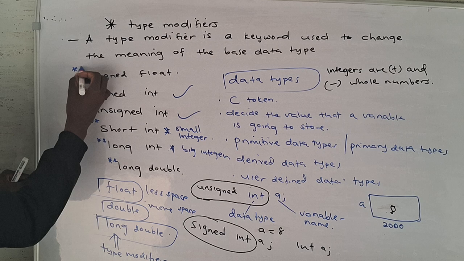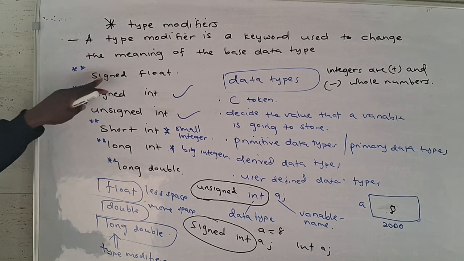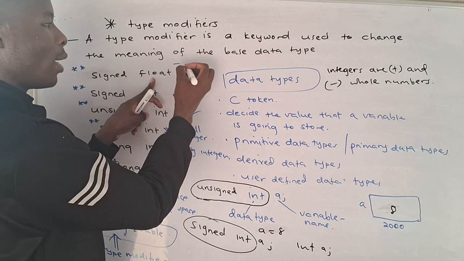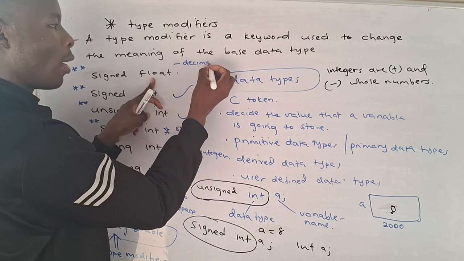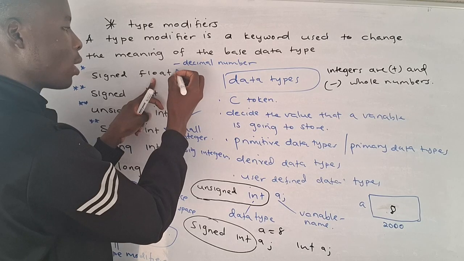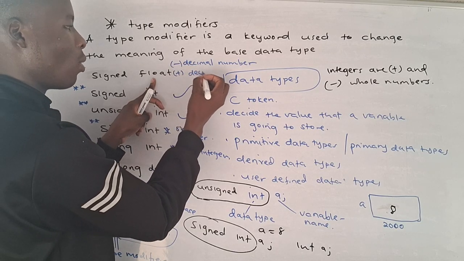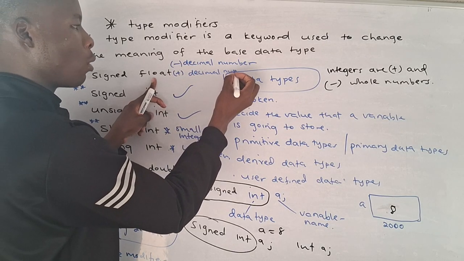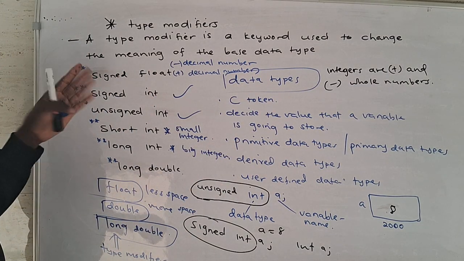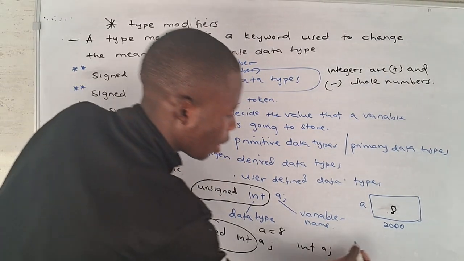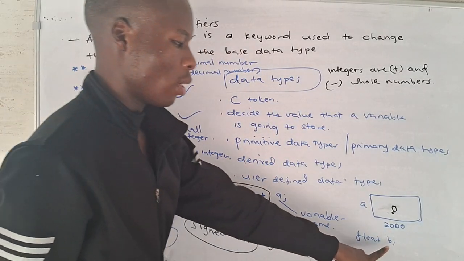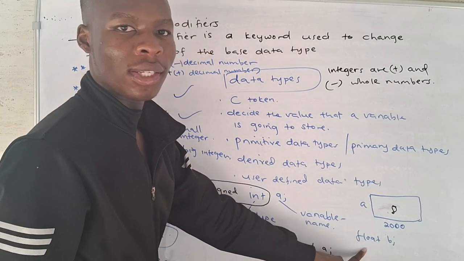Again, here I have the type modifier signed. If I say signed float, it means float is going to take both negative and positive decimal numbers. Or if you just write float B, semicolon, it means B is going to store a decimal number.